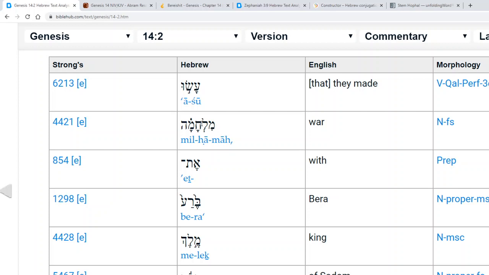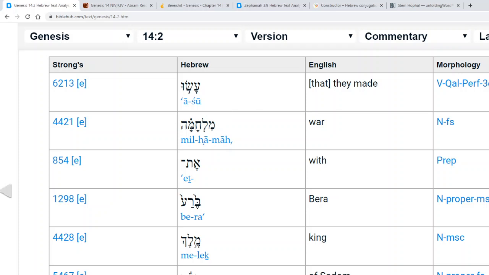And you can actually try to darshan, to understand the symbolism of war by trying to say that the root is lamet het mem, like Bethlehem, right? So milchama, Bethlehem, there's a whole thing there.